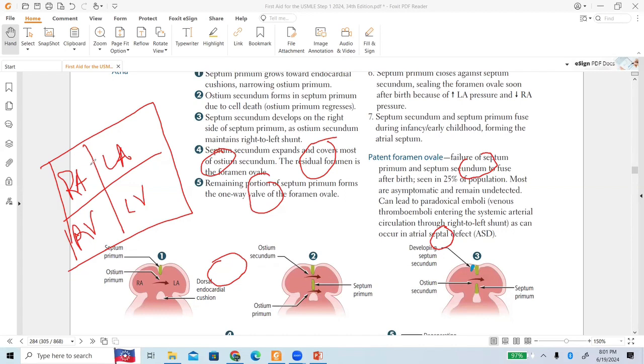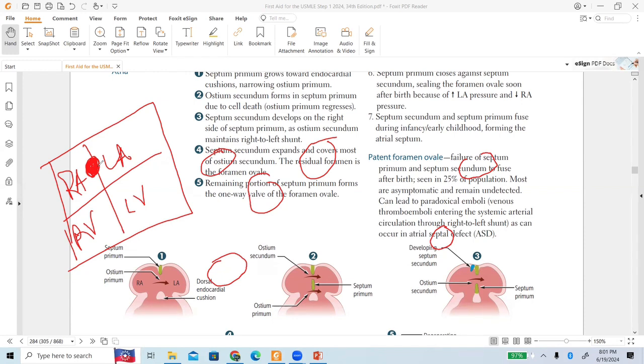If this defect is present, like atrial septal defect, so what happened? Is the atrial septal defect a right to left shunt or a left to right shunt?